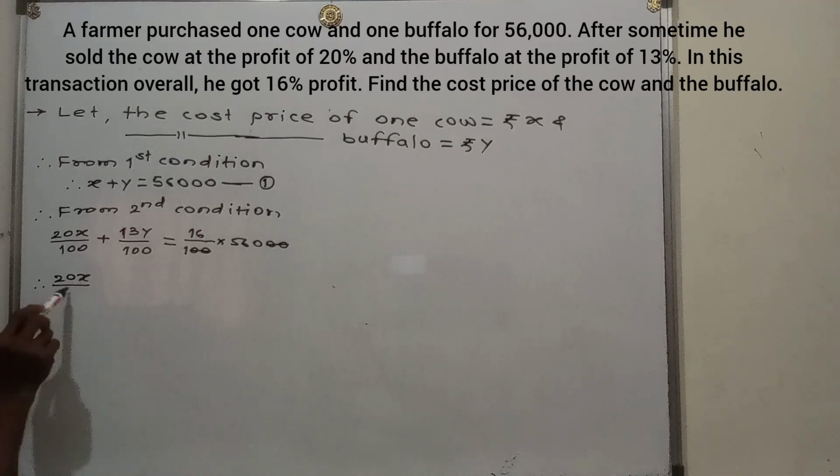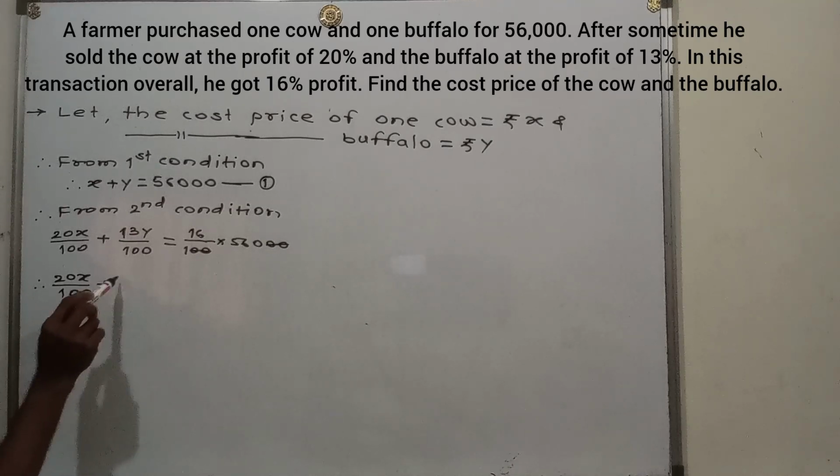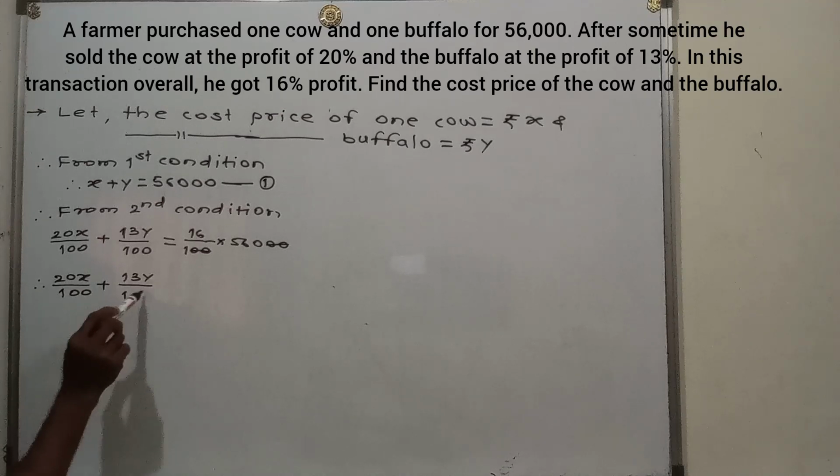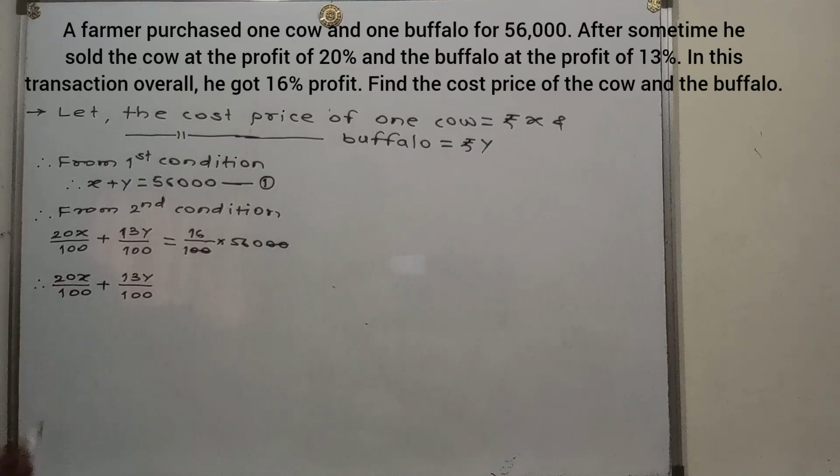20x upon 100 plus 13y upon 100. Don't cancel here the zeros.